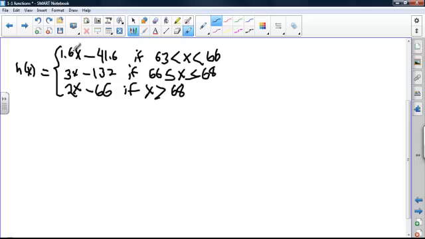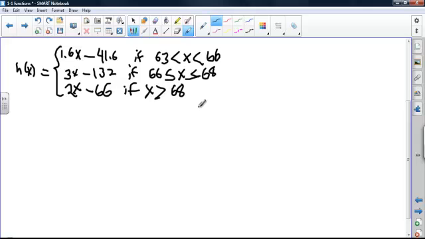It's 1.6x minus 41.6 if x is between 63 and 66 inches. The function is 3x minus 132 if x is between 66 and 68 inches. And finally, 2x minus 66 if x is greater than 68 inches.